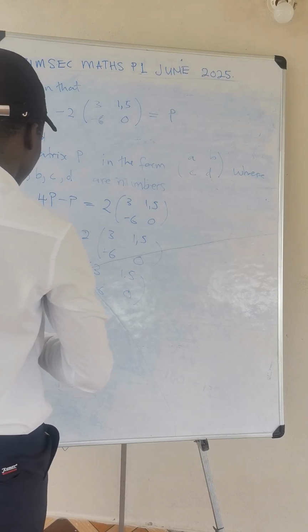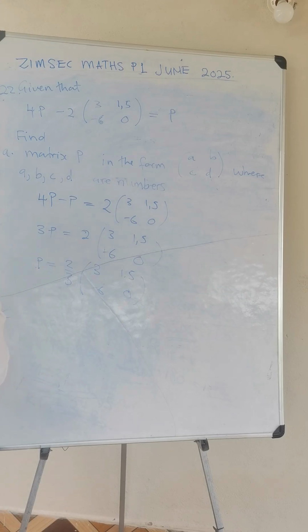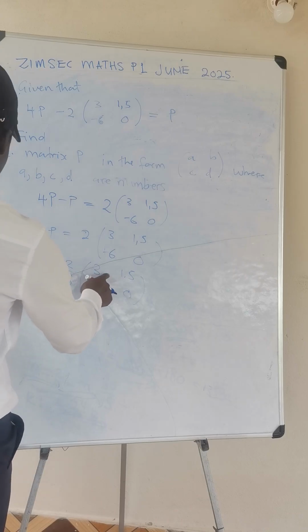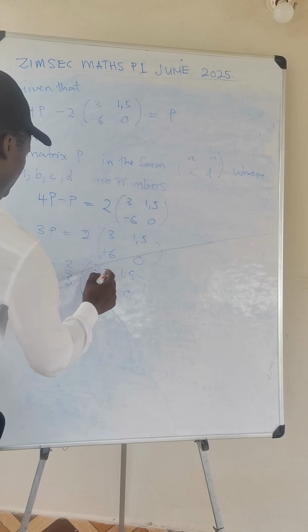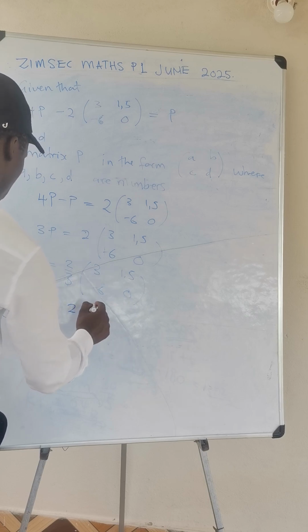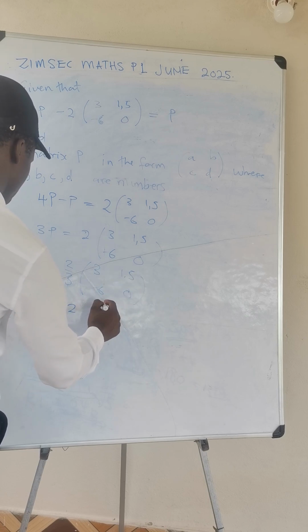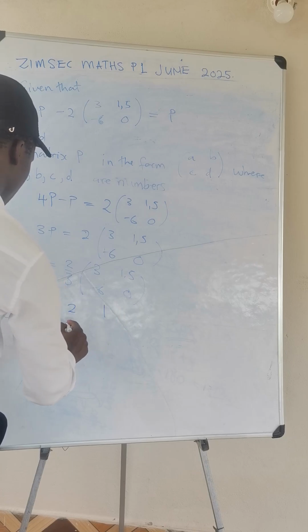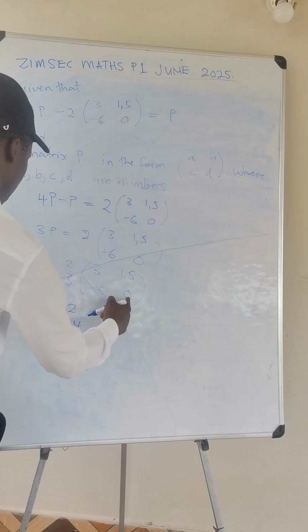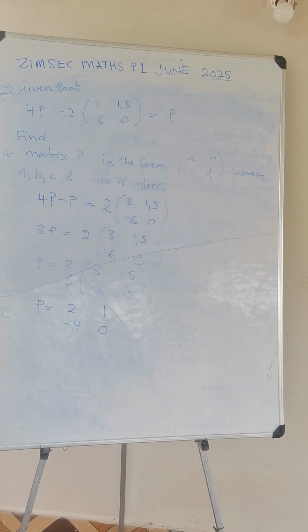So here we have to find 2/3 of this one. So p is equal to, here we get 2, then here we get 1, then here we get minus 4, then here we get 0.